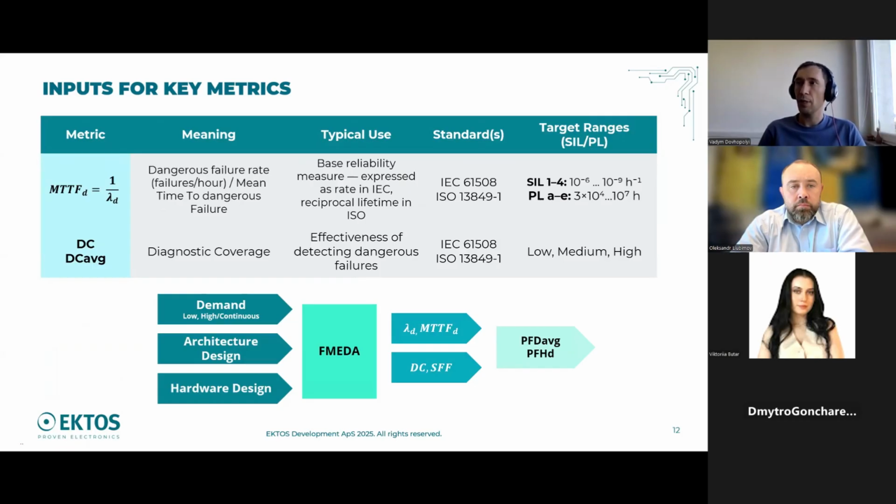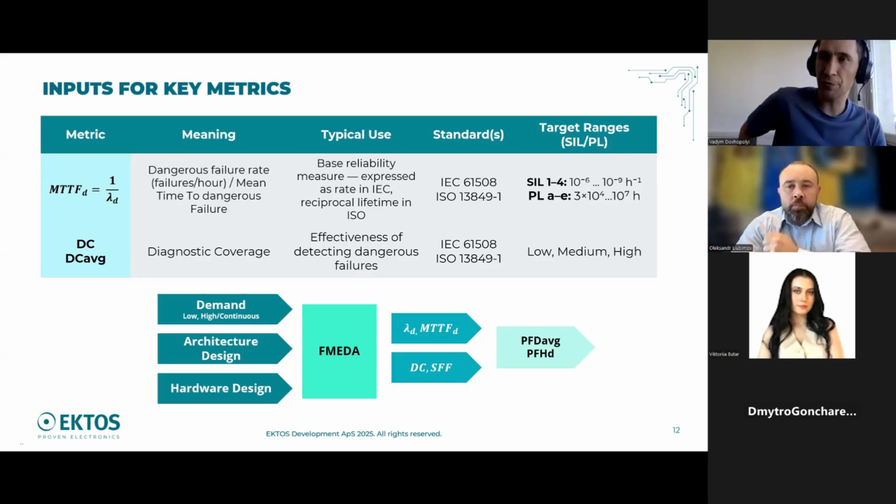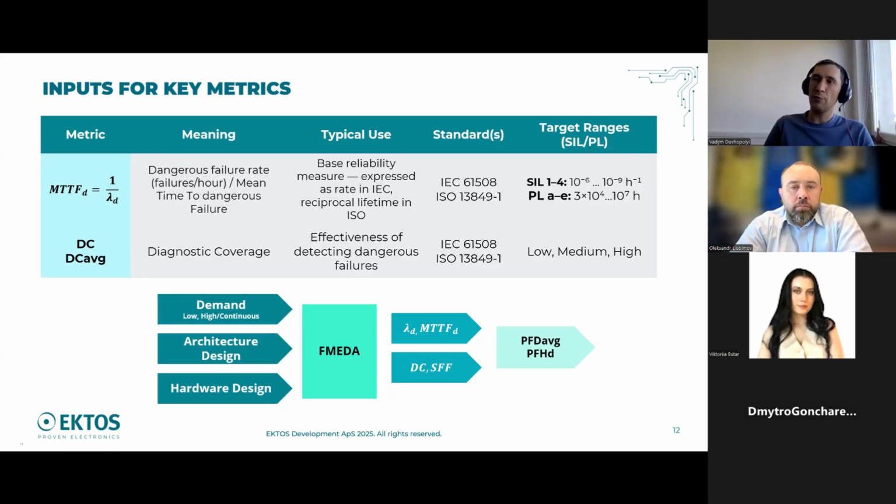The reciprocal value is lambda d, which is usually used in 61508, and MTBF is used in the machinery standard. It is just the same idea, but a different view of it. In one case we are showing time in hours. In 61508 we are demonstrating a frequency of dangerous failure.